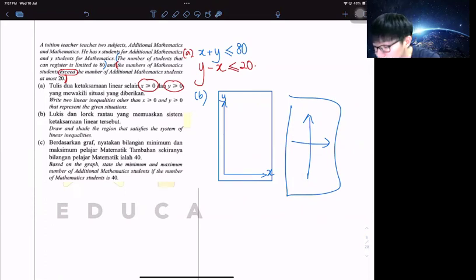So if you are drawing on your graph paper, next time you also gotta do the same. You know how to choose the scale. They did not give you a scale, so you gotta choose it for yourself. So probably you will use like 0, 2, 4, 6, 8, or 0, 5, 10, 20, depending on the question.